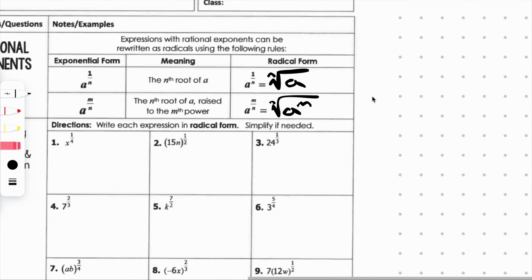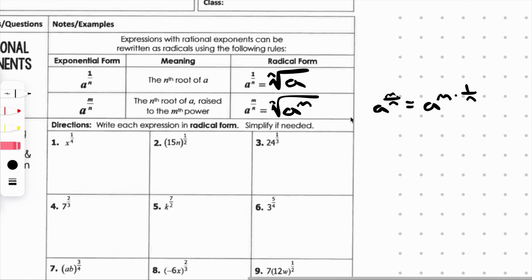Because essentially, a to the m over n power is equal to a to the m times 1 over n. Now a to the 1 over nth power is just this, and then we have to raise it to the mth power, if that makes sense.